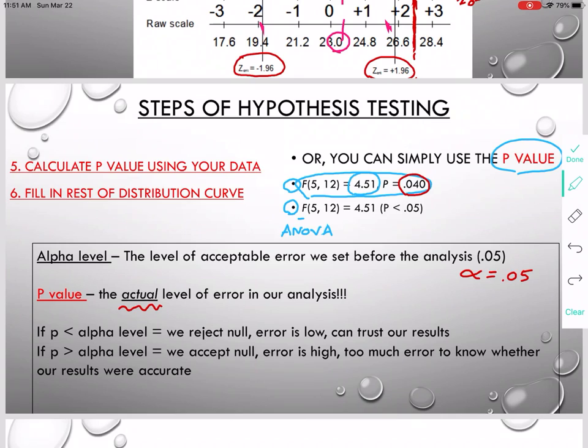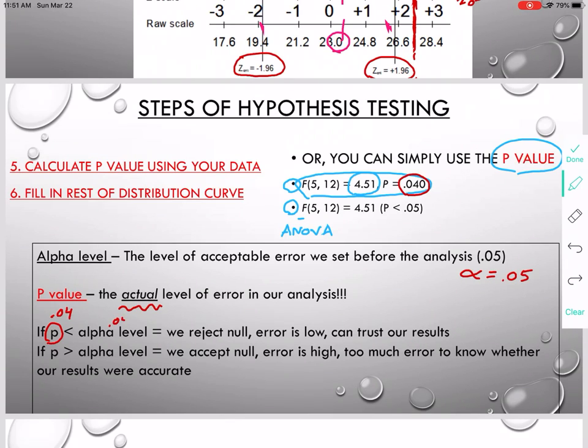So what you do is compare the actual amount of error that you got, the P, to the level of error that you set to be acceptable. I compare my P to my alpha. Check it out. If I got P equals 0.04, my P is less than the alpha, because the P that I got was 0.04, the actual error I measured.